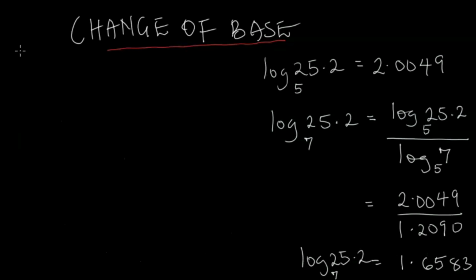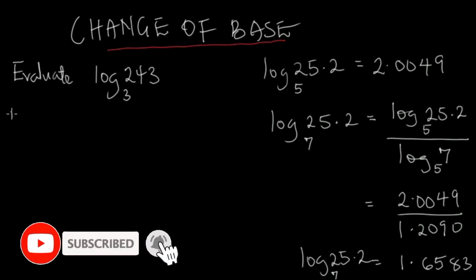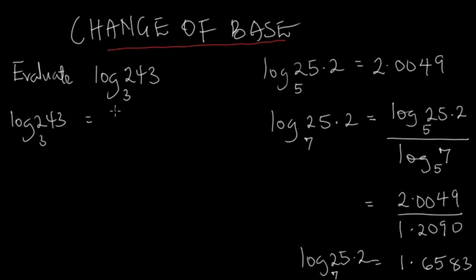We are asked to evaluate log of, let's say, 243 base 3. Now using change of base, we can say that log 243 base 3 is equal to the log of 243 to another base, let's say base 10, over the log of the base, which is 3, to base 10.